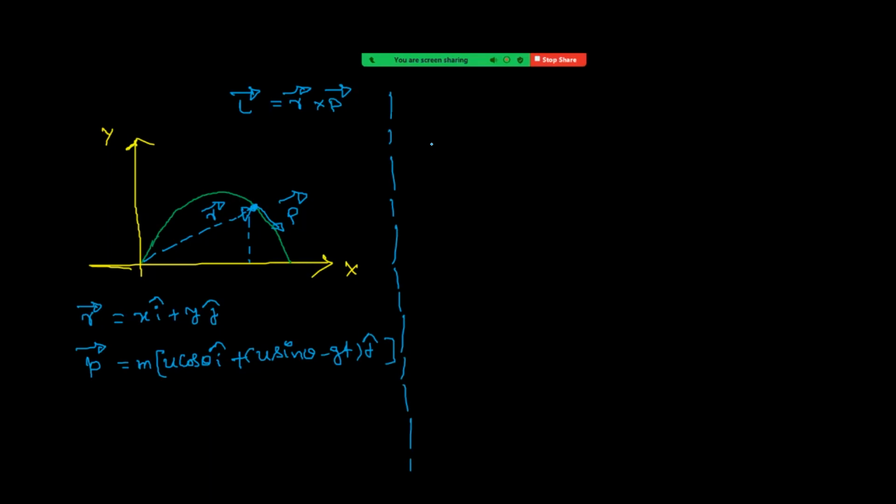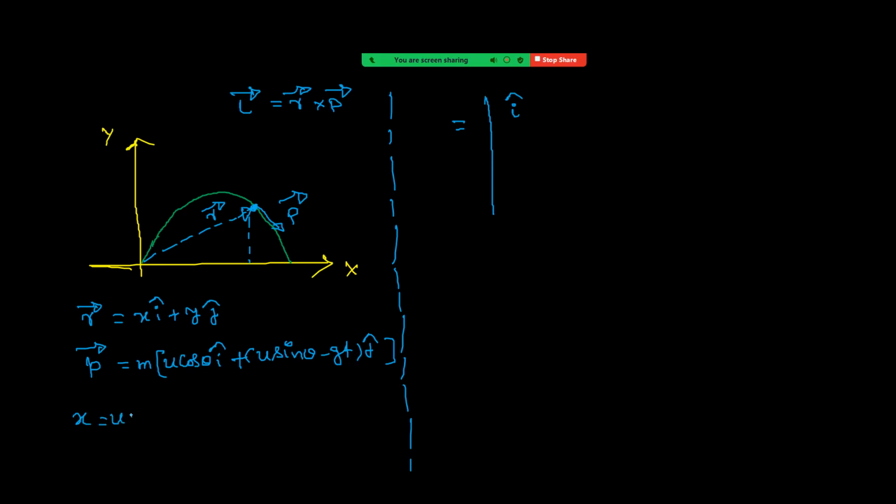Let us make the calculation. L bar equals R bar cross P bar. Taking i cap and j cap, in the place of x, what can we write?